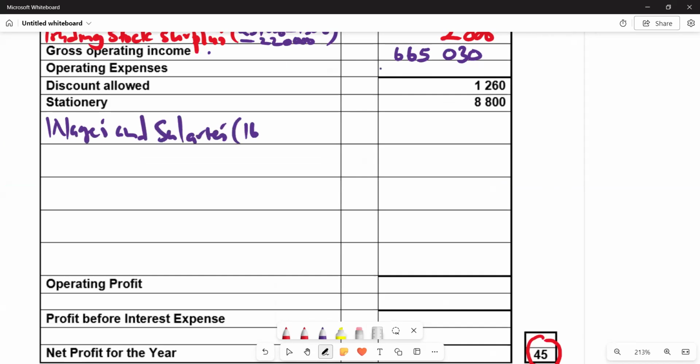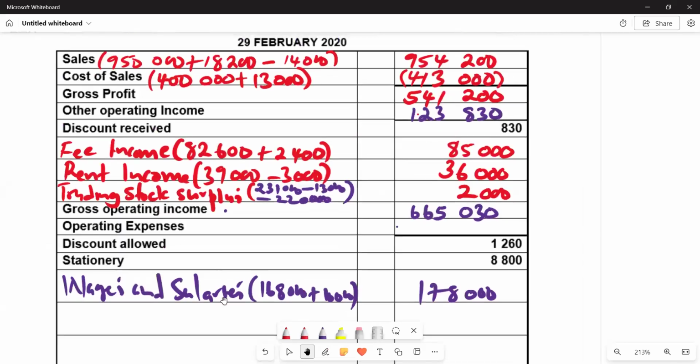And you are saying 168,000 plus 10,000. And obviously you're going to get 178,000. And afterwards, we go again and check other additional information that we are given.